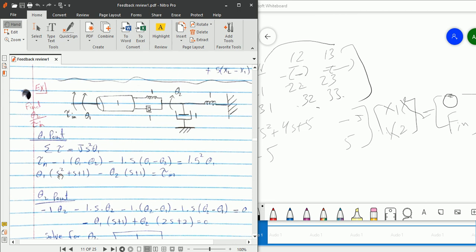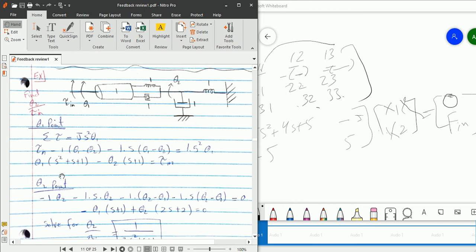You can see there is s square plus 1 damper s plus 1, and then minus the sum of all the impedances between 1 and 2, which are s plus 1. Here you can see s plus 1, and the torque is applied on 1, therefore equal to tau in. If we make it in matrix form, we will get a very simple coefficient matrix and then the theta 1 and theta 2 matrix.